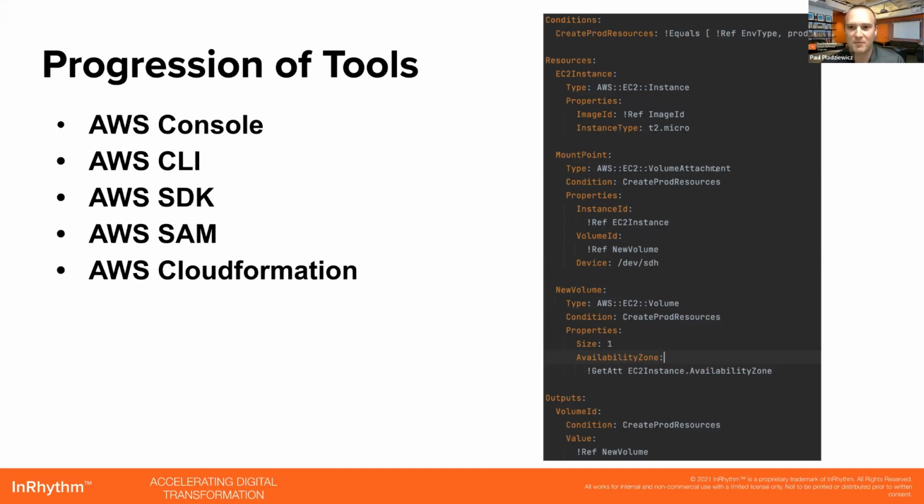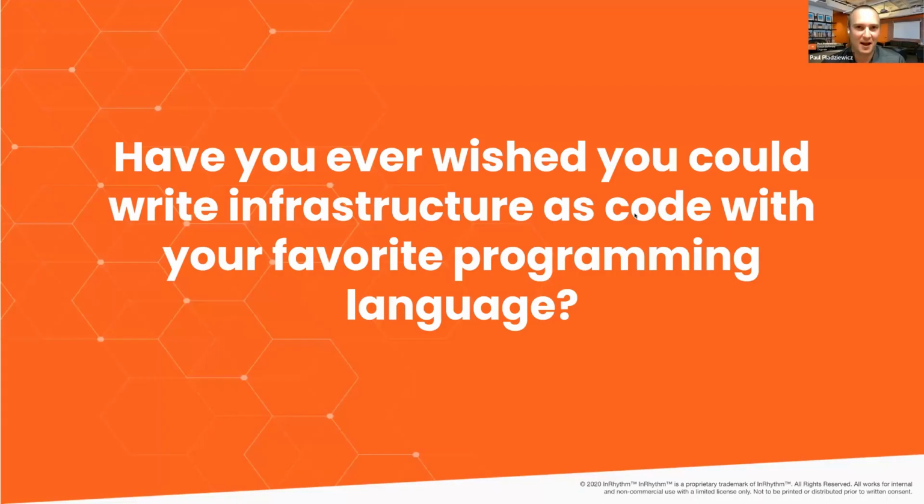But there's a way to get away from working with CloudFormation. And I'll ask you, have you ever wished you could write infrastructure as code with your favorite programming language? That's the big idea of using the Cloud Development Kit.